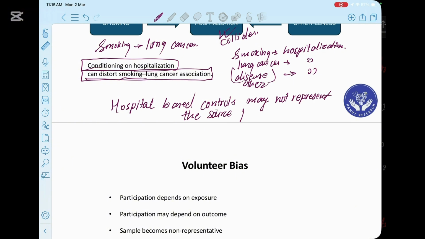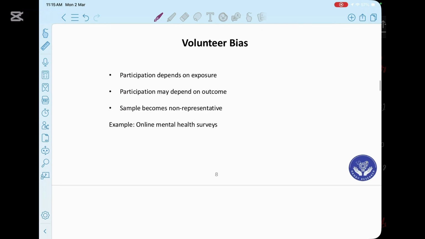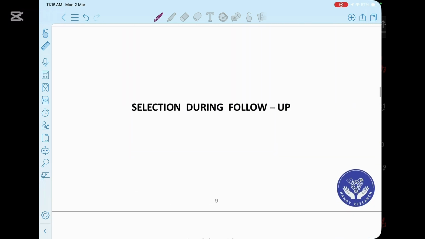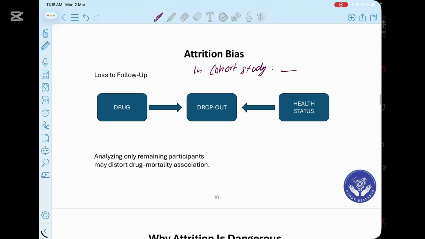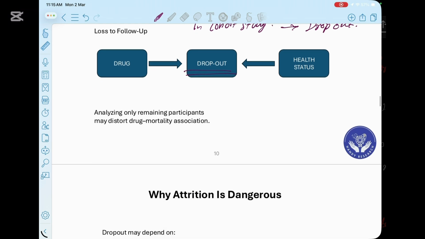Now there is another bias, that is attrition bias. It occurs during follow up. In cohort studies, people are followed over time. Some participants drop out. If dropout depends on both exposure and outcome risks, selection bias occurs. The drug leads to dropout, and disease severity also leads to dropout.